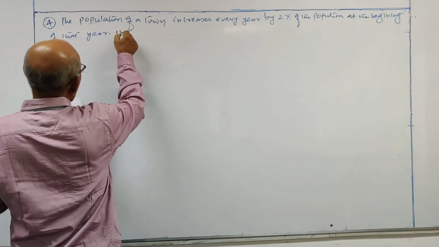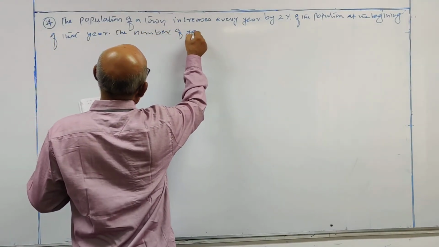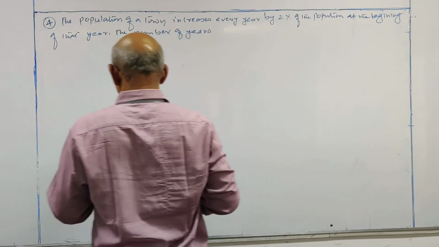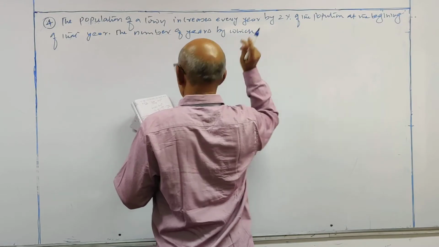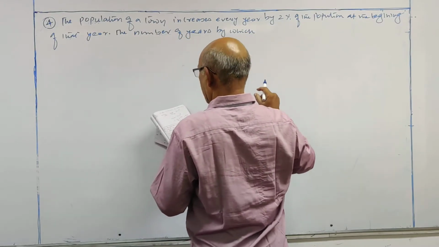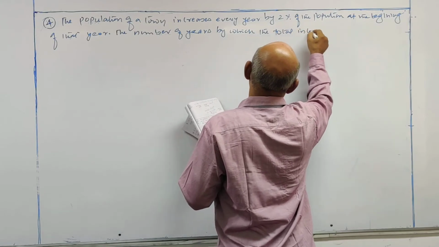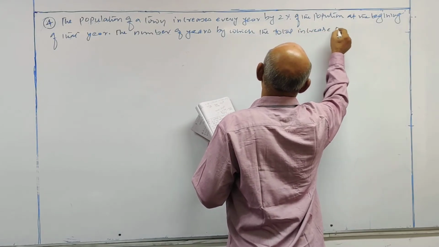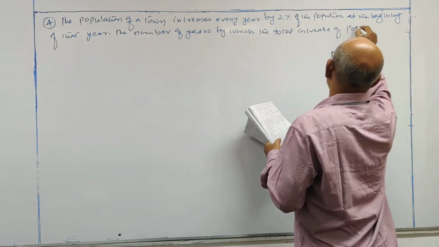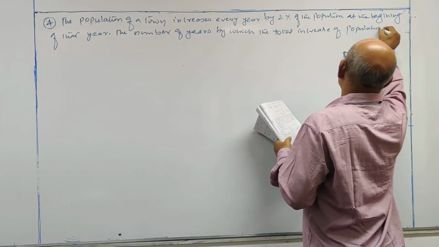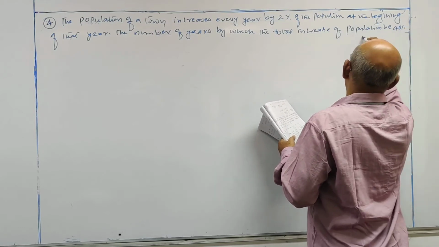The number of years by which the total increase of population will be 40% is?